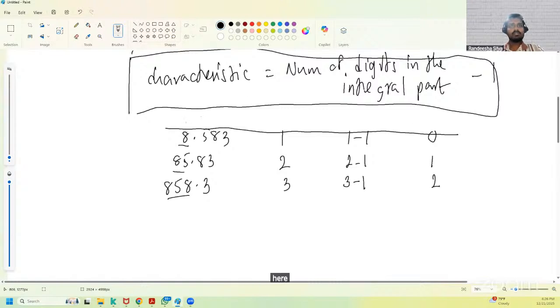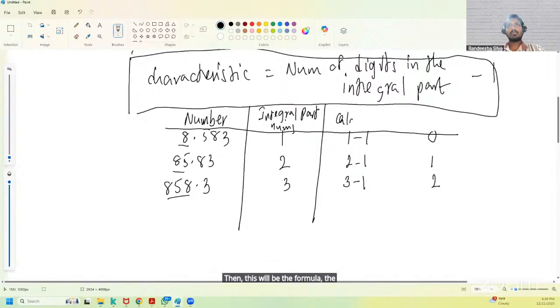So this will be the number, and this will be the integral part digit. Then this will be the formula, the calculation, and this will be the characteristic.